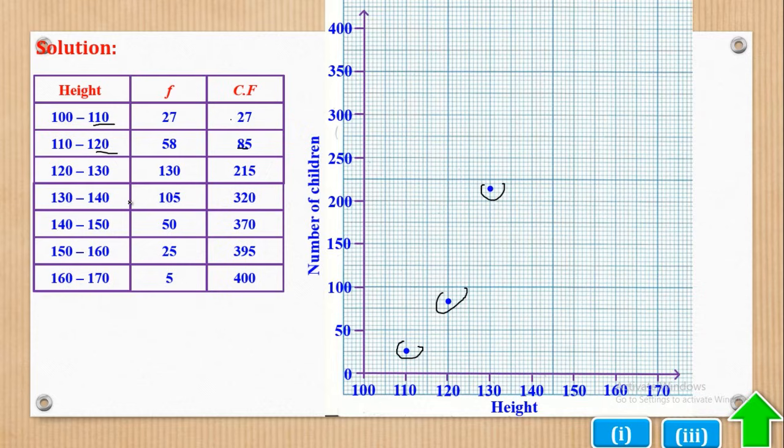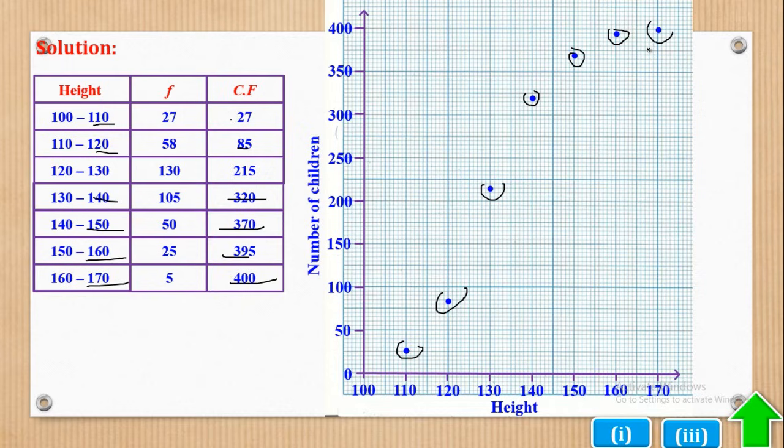Then 140 corresponds to 320, which is here. Then 150 corresponds to 370, which is here. Then 160 corresponds to 395, which is here. And lastly 170 corresponds to 400, which is here.